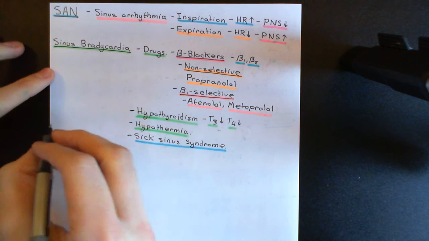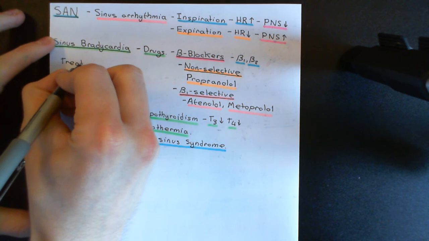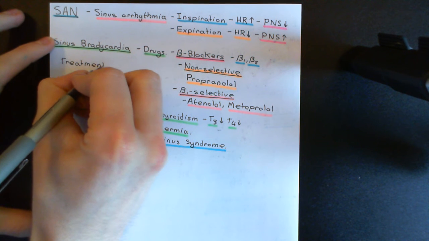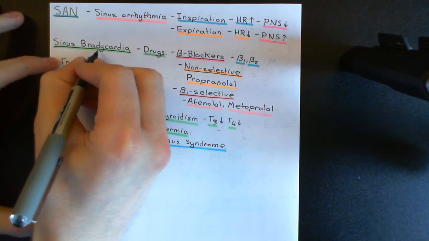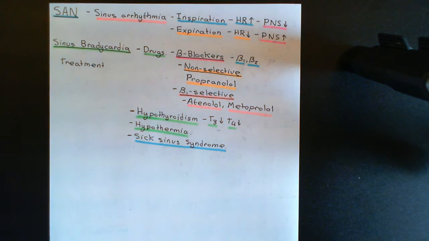So what is the treatment strategy for sinus bradycardia in the case that it is actually a problem with the sinoatrial node that is originally causing it, rather than some other problem that's causing a problem with the sinoatrial node?